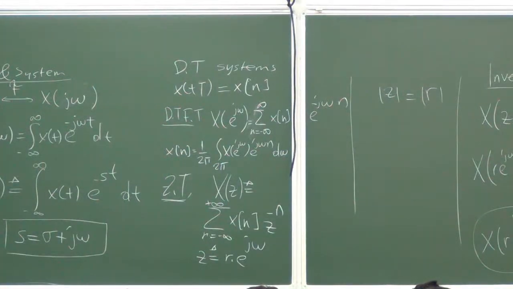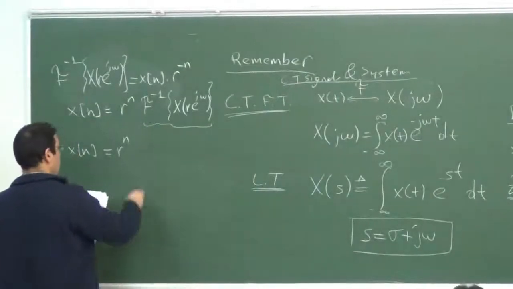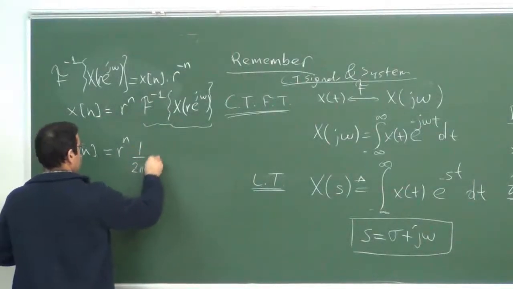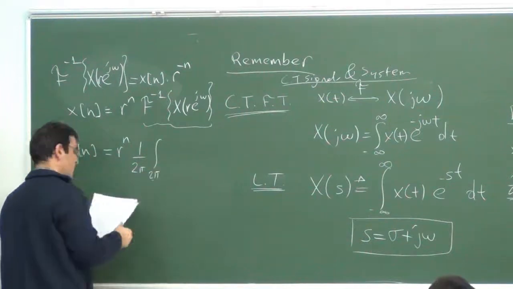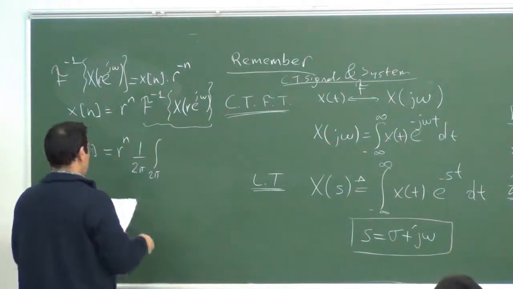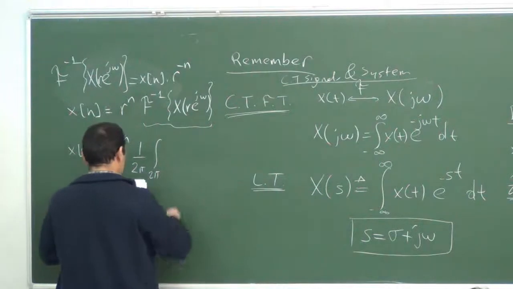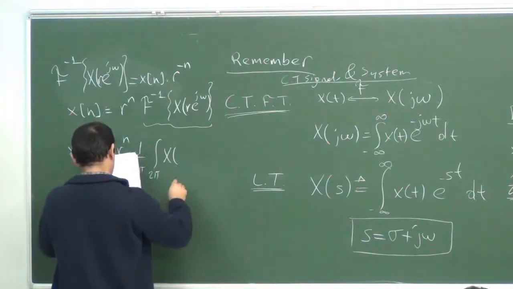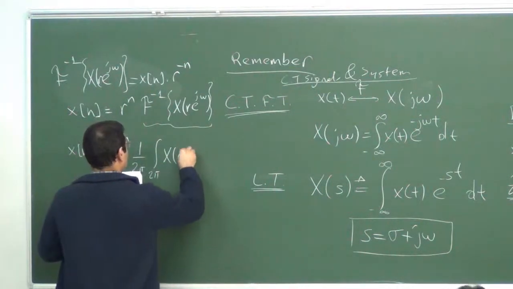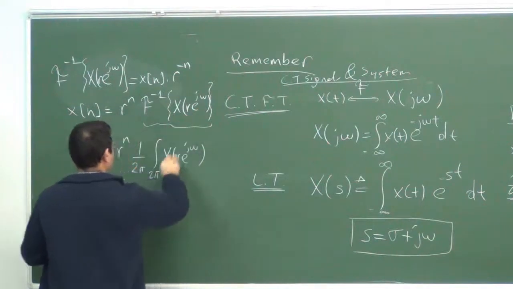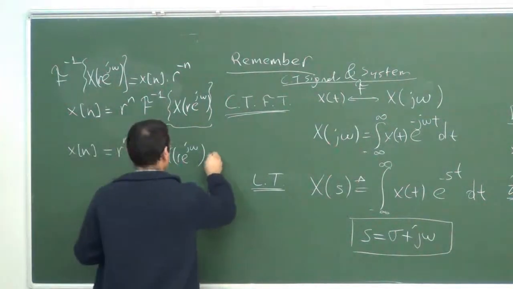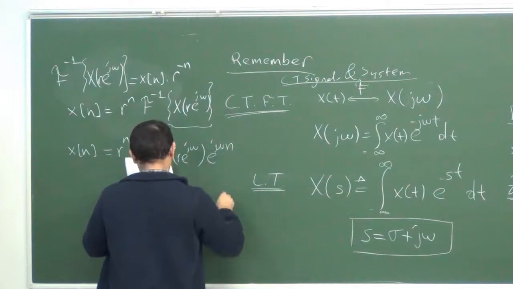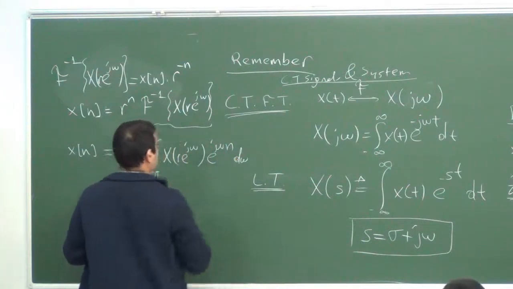What about the inverse Fourier transform of this in this case? It is 1 over 2 pi integrated from minus pi to pi, or 0 to 2 pi, X(r e to the j omega). The only difference is this r. Times e to the j omega n d omega.